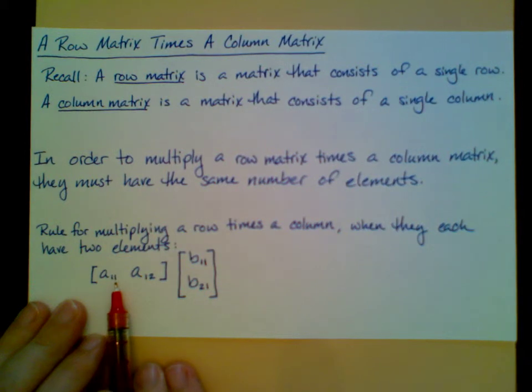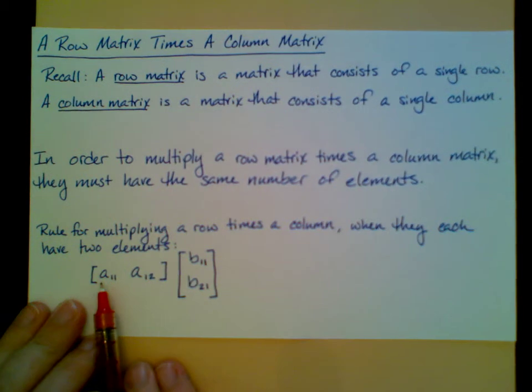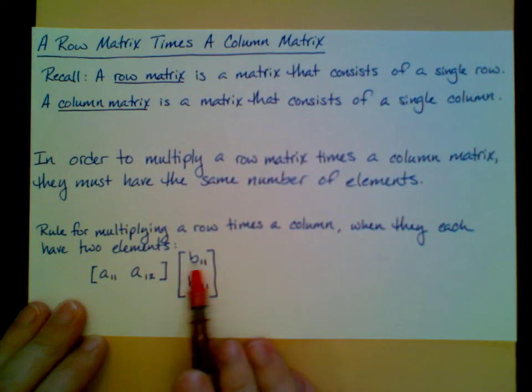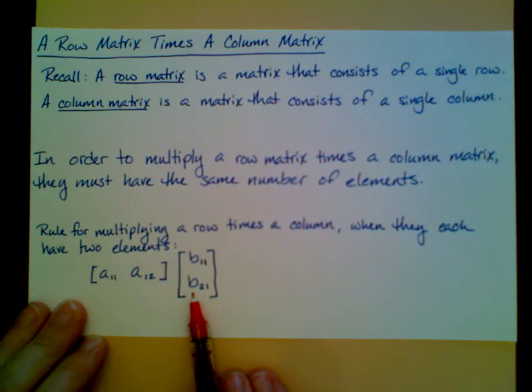The second number represents the column. So A11 is in row 1, column 1. A sub 12 is in row 1, column 2. And likewise, I've got B sub 11 and B sub 21. B sub 21 is row 2, column 1.